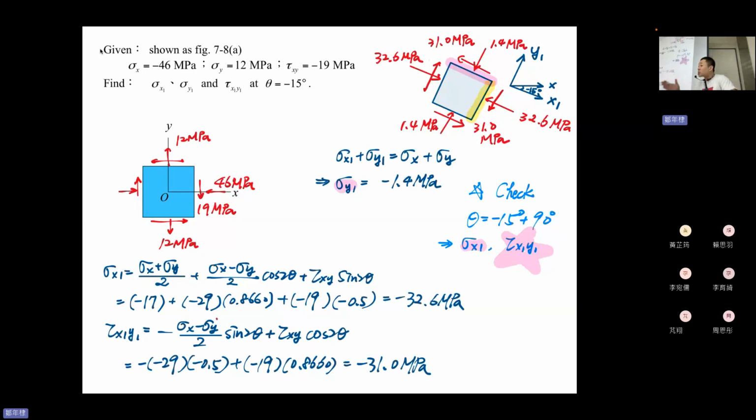Because the axes are different in these two cases. If you choose this as the new x1, new y1, then tau x1y1 should be in the positive direction. However, they are still the same stress state, the same stress element.